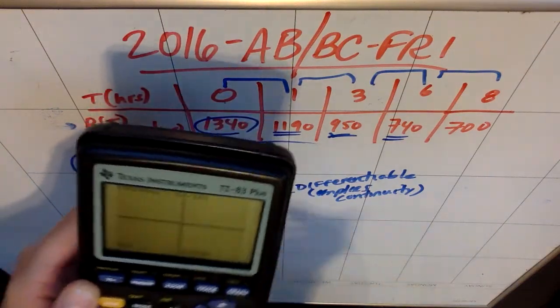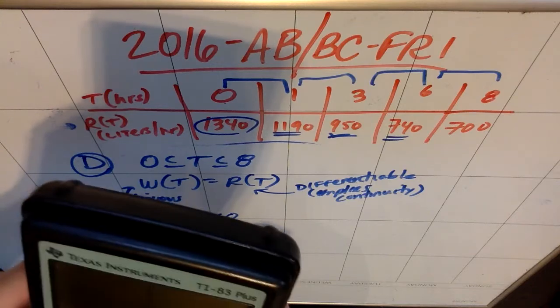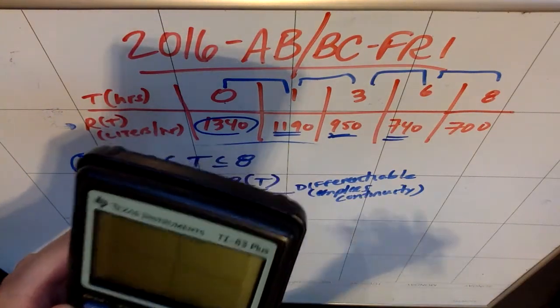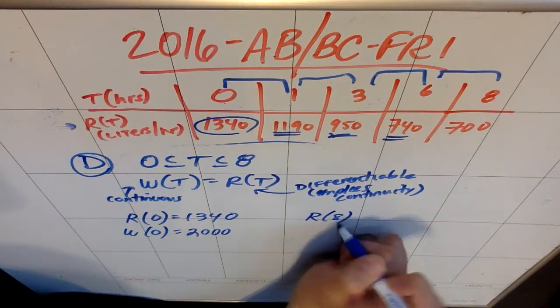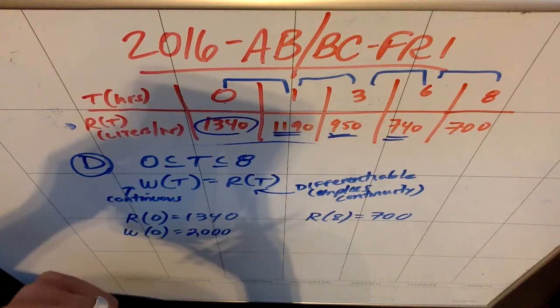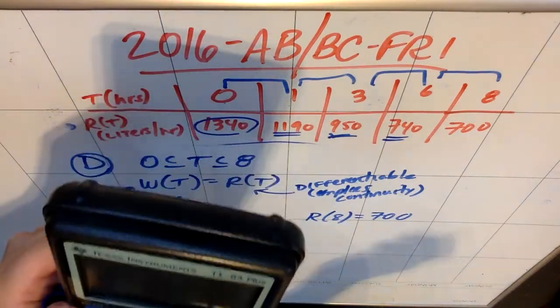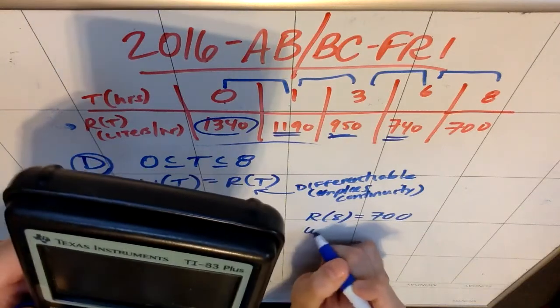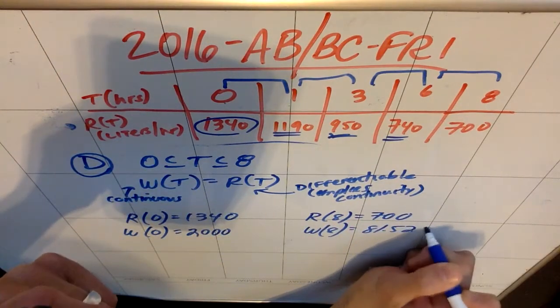I mean, I could also just plug in 0, but if I hit trace and then hit x is 0, it'll tell me that originally W of 0 is 2,000, and that makes sense if you plug in the value. I know that R of 8 is 700. If I plug in W of 8, so if I hit trace and hit 8 and hit enter, it'll give me a value. W of 8 is 81.524.